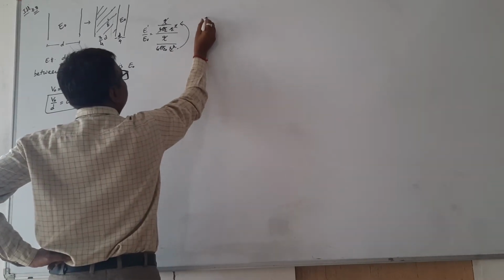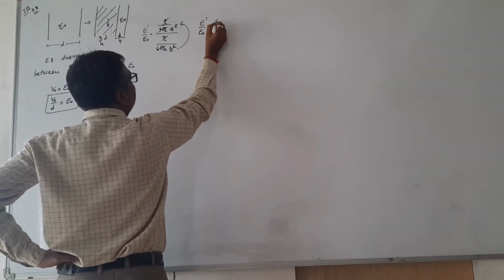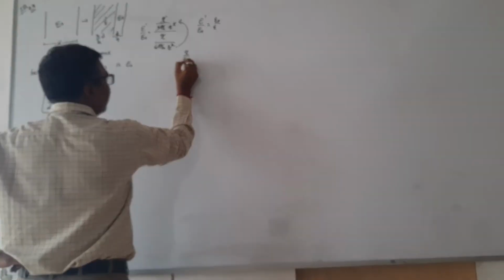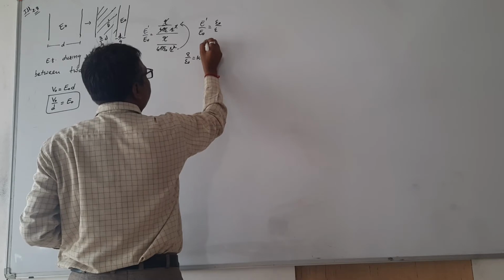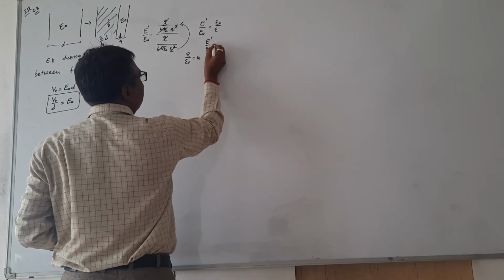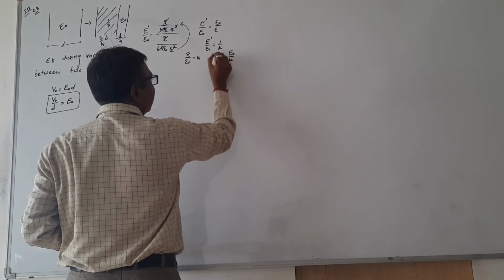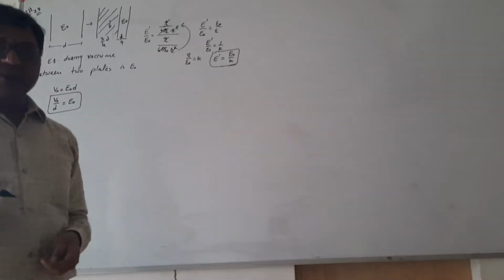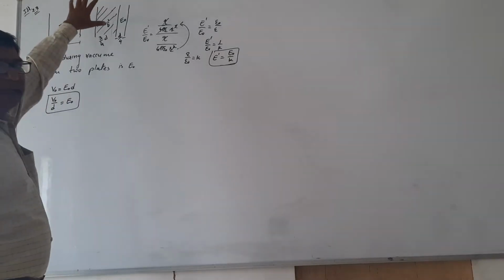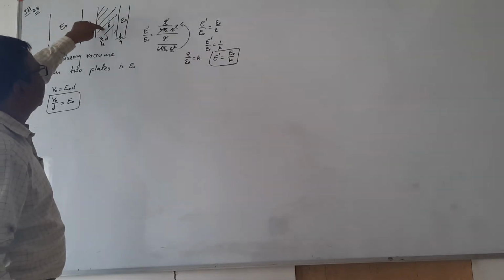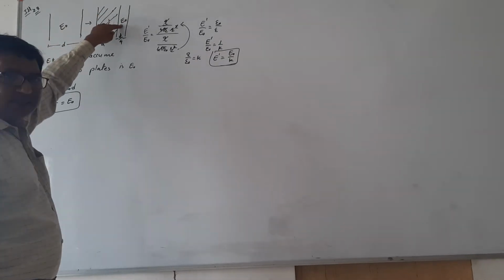You have E dash upon E0 is equal to epsilon 0 upon epsilon. But epsilon upon epsilon 0 is equal to K, so this is the reciprocal. So E dash upon E0 is equal to 1 upon K, that means E dash is equal to E0 upon K. This is the electric field when any dielectric object is inserted. So the electric field for this area is E dash and for this area is E0.